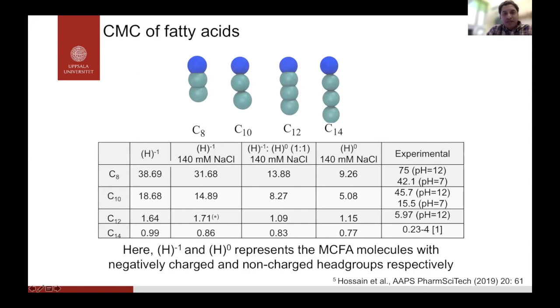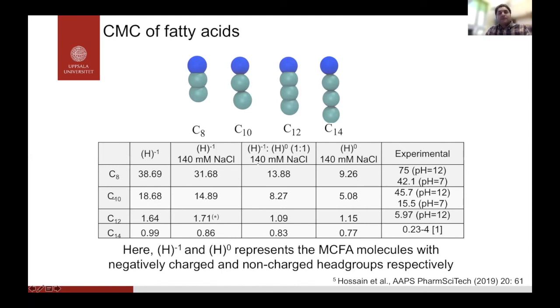And we also varied the ionic strength. We studied without ionic strength and with ionic strength, and we calculated the CMC value for all these different cases for these 4 different molecules.